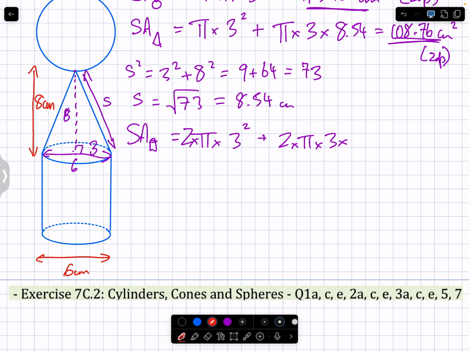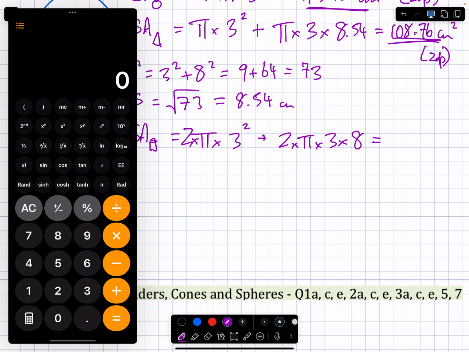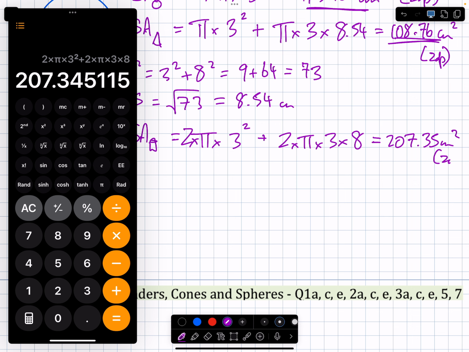Let's just say that it was 8 again, because it looks about the same. So lastly, 2 times pi times 3 squared, plus 2 times pi times 3 times 8, 207.35 square centimeters to 2 decimal points.